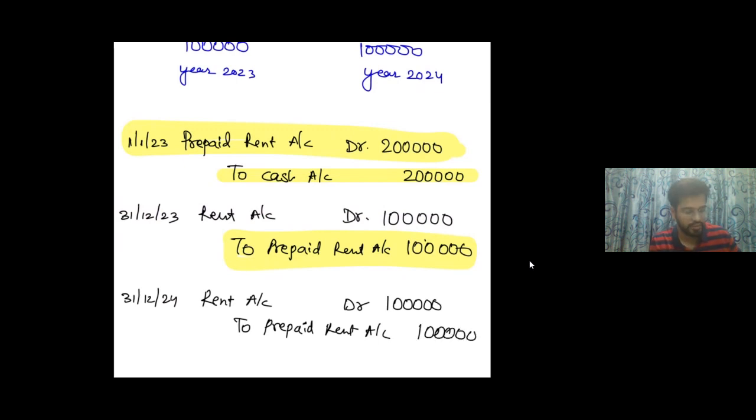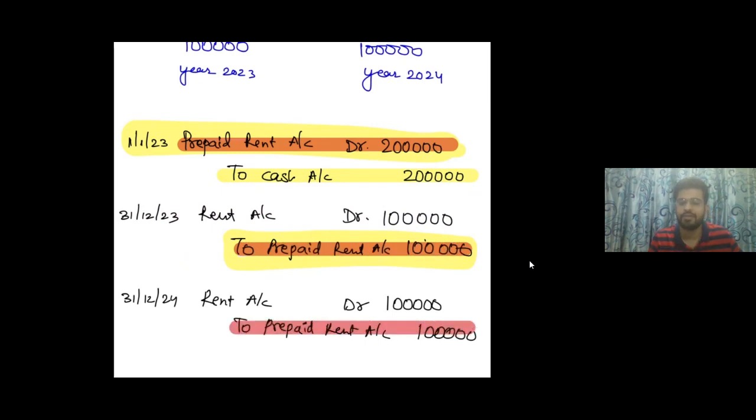So now if you see, the prepaid account was earlier debited by 2 lakh, one time benefit received, then we have credited it by 1 lakh, and another time the benefit received, we have credited it again by 1 lakh. Now this account is closed because the rent for the 2 years has been accrued over a period of time.